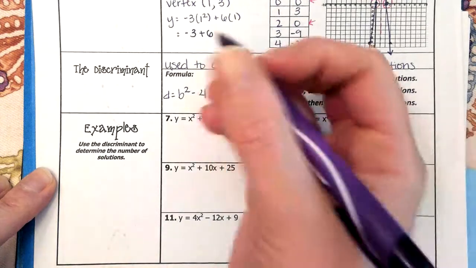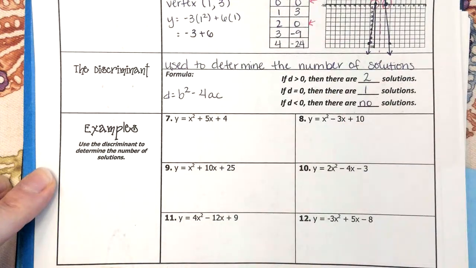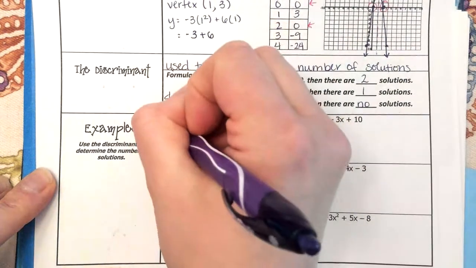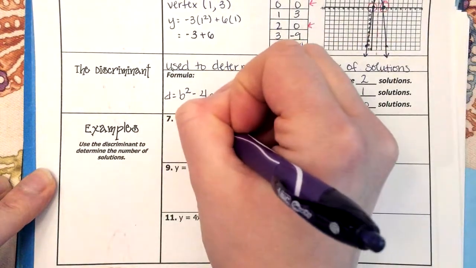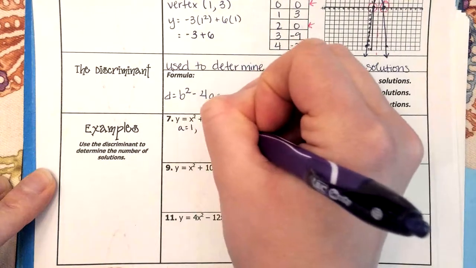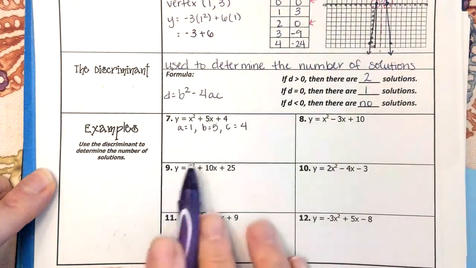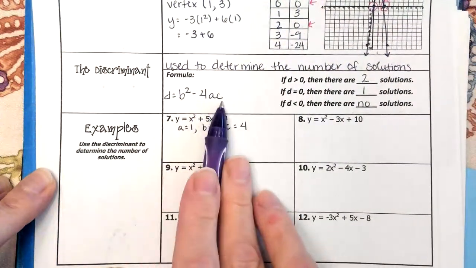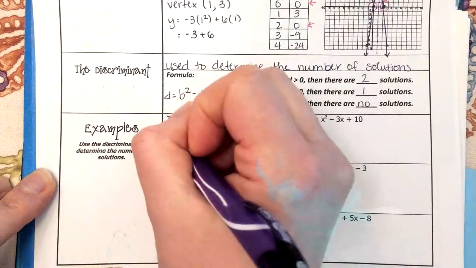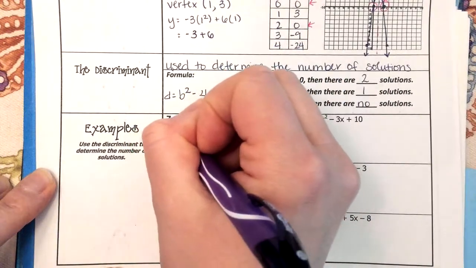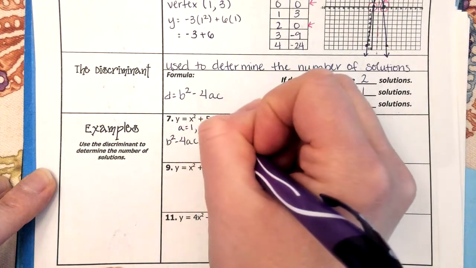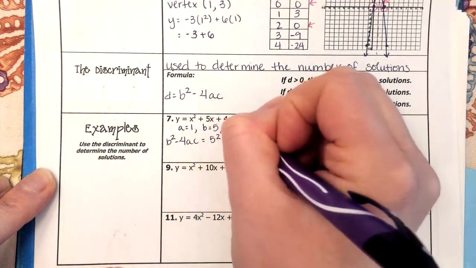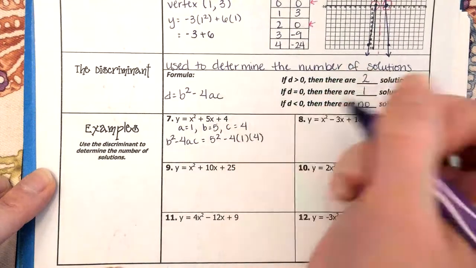I start the exact same way I've been doing all these problems. I need to identify in number 7 that A is 1, B is 5, and C is 4. Then I plug these 3 numbers into my discriminant formula. B squared minus 4AC equals 5 squared minus 4 times 1 times 4.